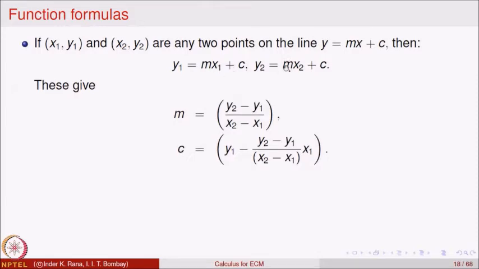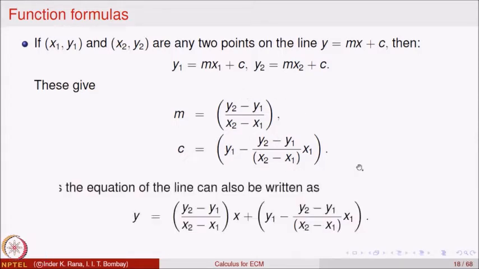From these two equations we can calculate the values of m and c. One way is to subtract one equation from the other, so c will vanish and we can calculate the value of m, and then put the value of m in either equation to get the value of c. We leave it for you to simplify and see that m comes out to be (y2 minus y1) divided by (x2 minus x1), and the value of c in terms of x1, y1, x2, y2 comes out to be this.